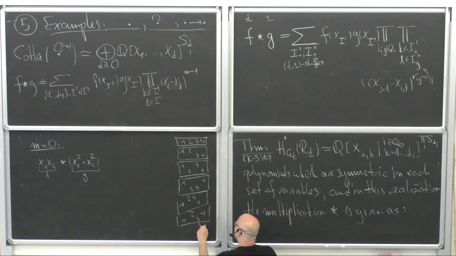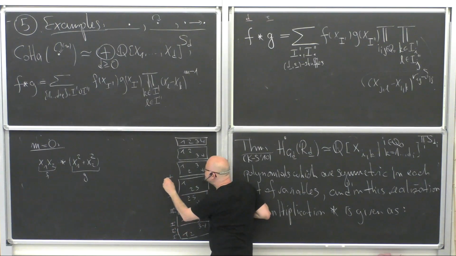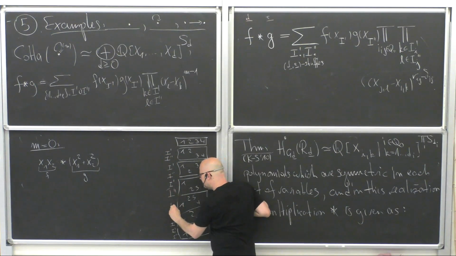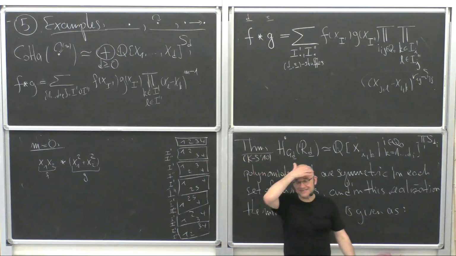Ultimately 3, 4 and 1, 2. So the first line is always the I prime and then the I double prime. These are 6 shuffles.